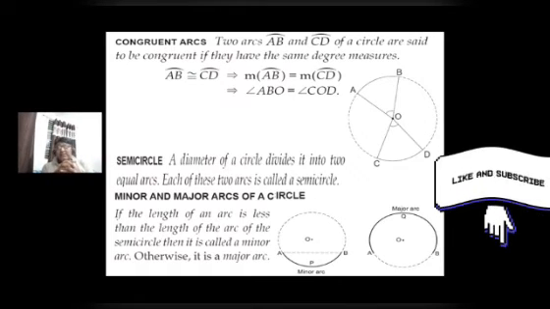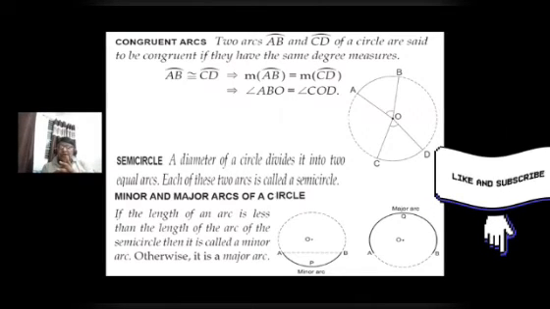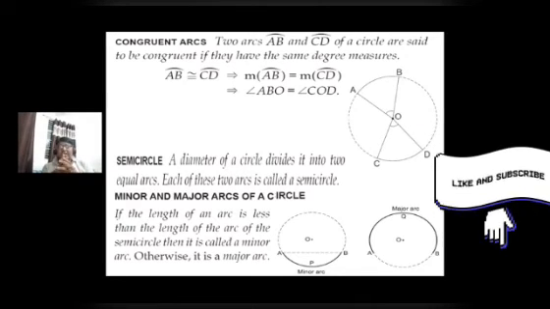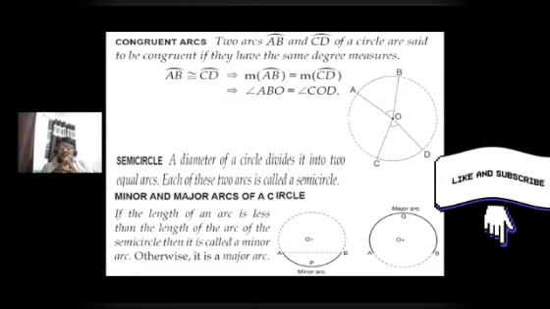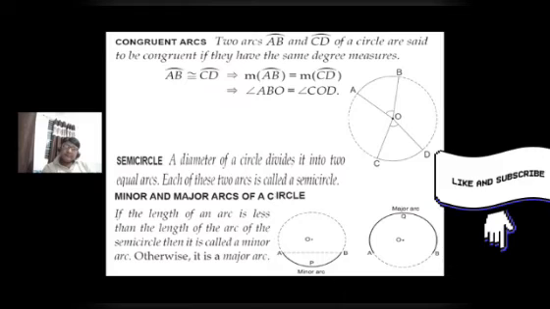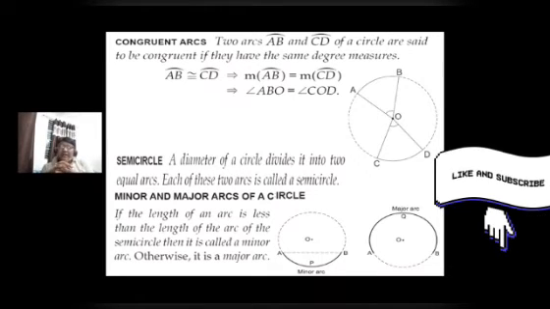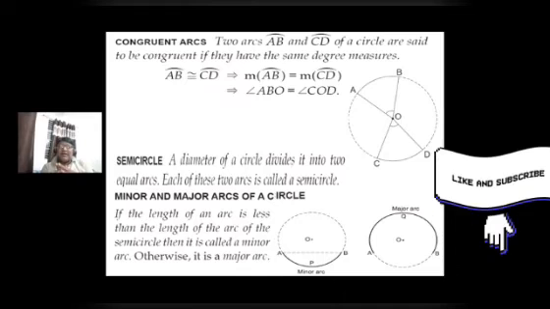Now, the minor arc and the major arc. If the length of an arc is less than the length of the arc of the semicircle, it is said to be minor. Otherwise, it will be a major arc. In the given figure, you can see APB is the minor arc and AQB is the major arc.